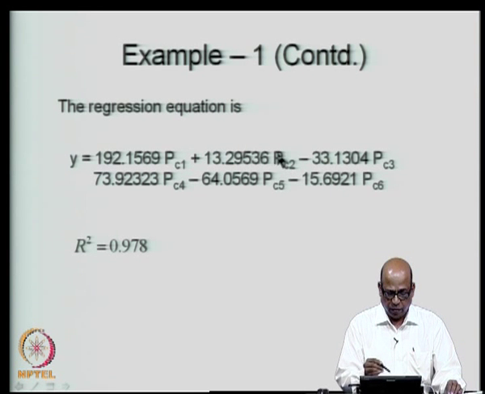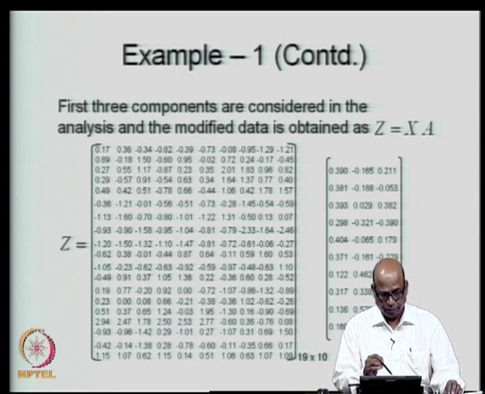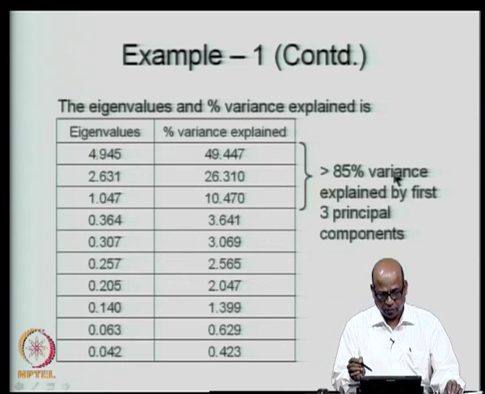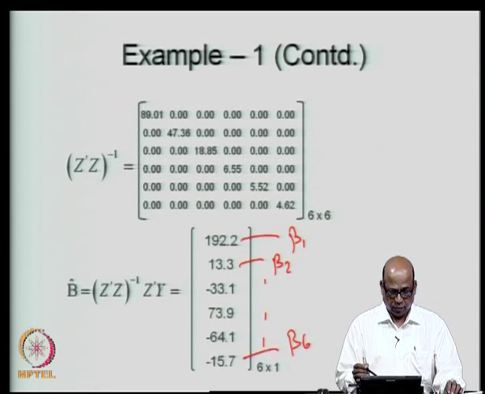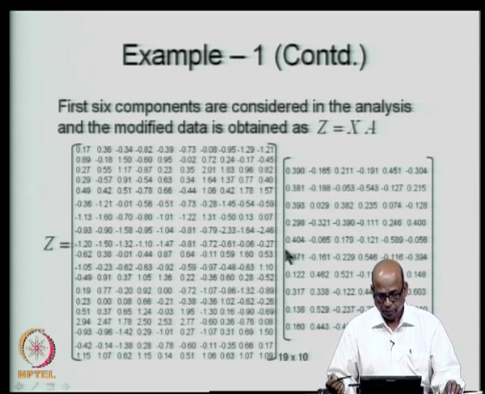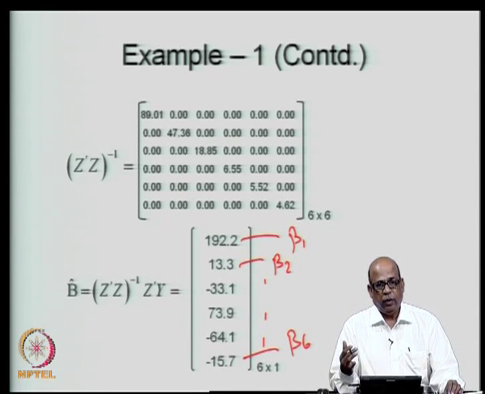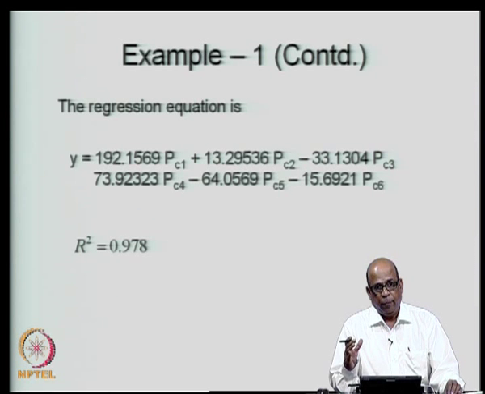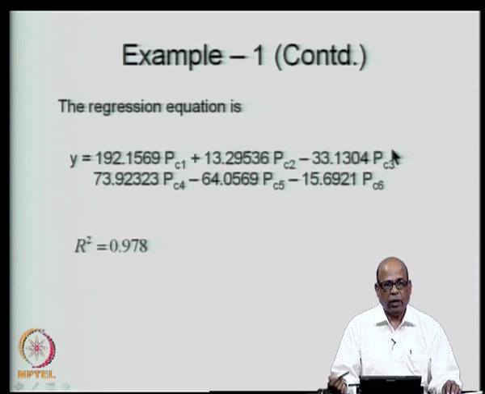The PC 1, PC 2 etcetera are in fact the eigenvectors that we have obtained. So, that is how we obtain a regression relationship on PCs, that is the principal components, which are essentially the eigenvectors.